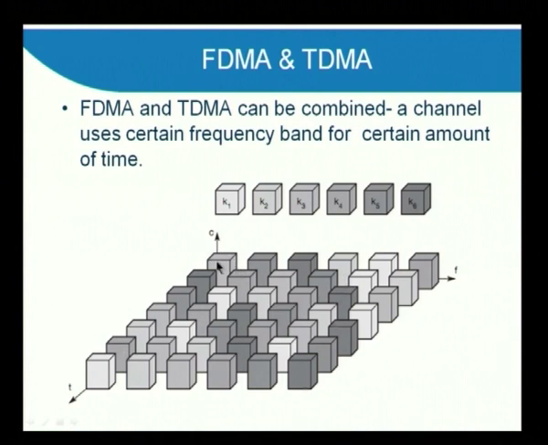So, for example, this is the portion. Here a mobile user is allocated a channel, but not the entire portion at the particular time. So, both the frequency band as well as the timeline are sliced and allocated to many GSM users.